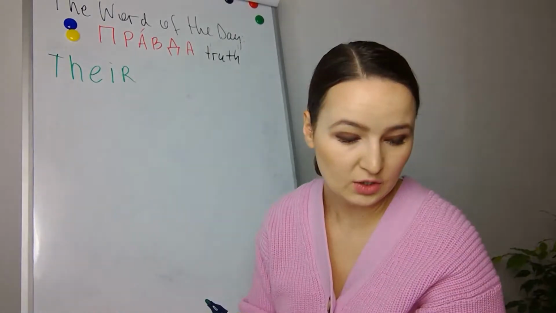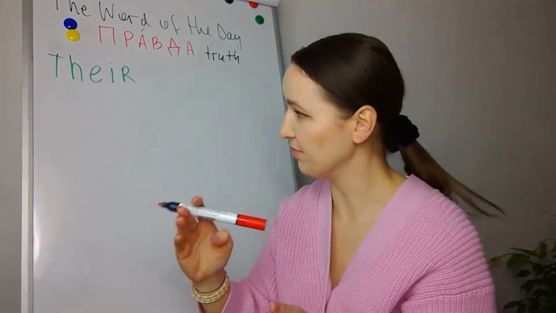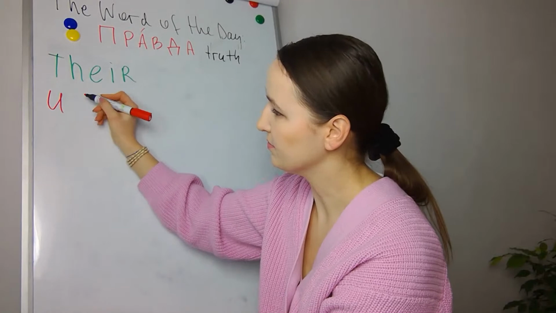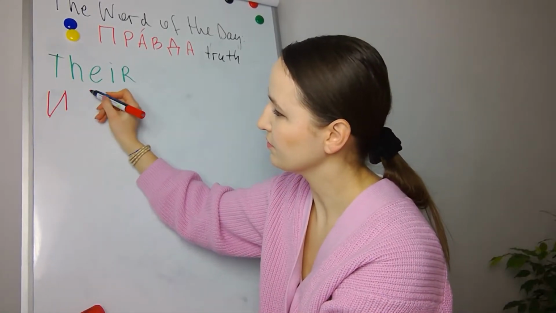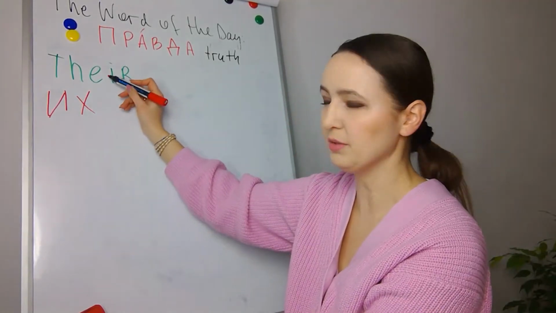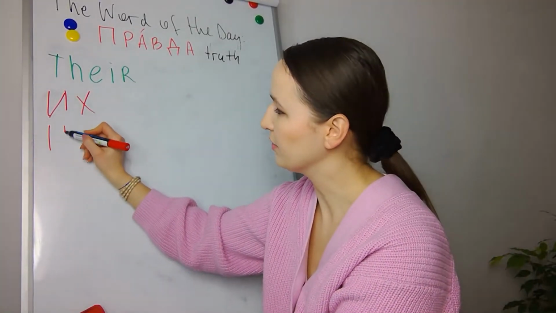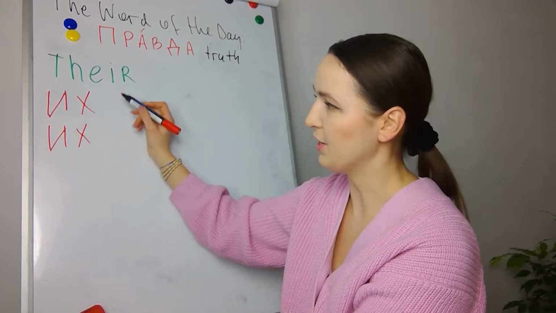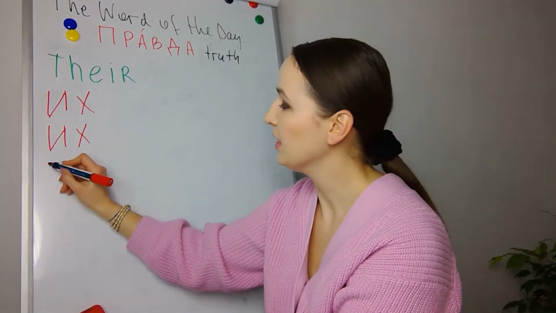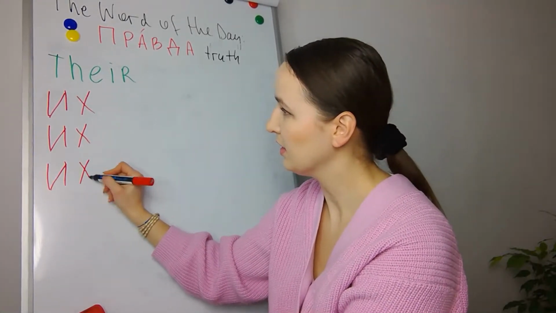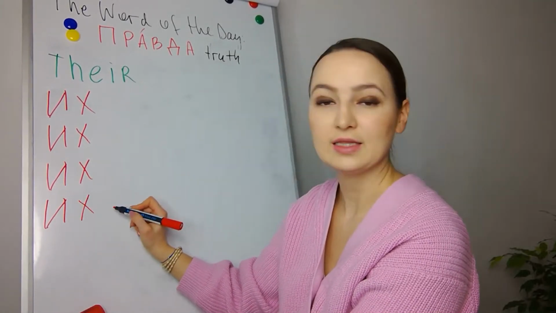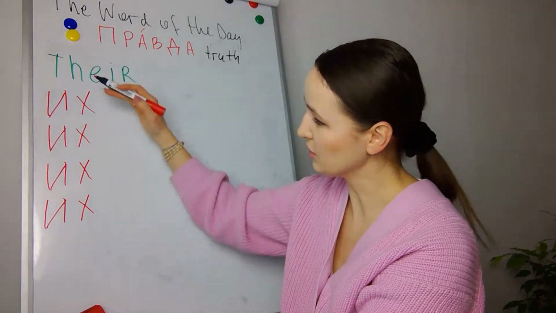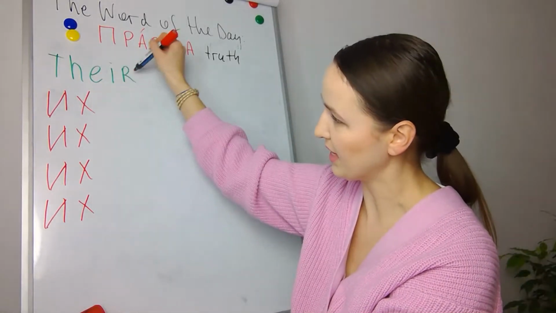It will be их for everything. Их. Their in masculine, their for feminine, their for neuter, and их, their for plural. So nothing will change, the same like in English.